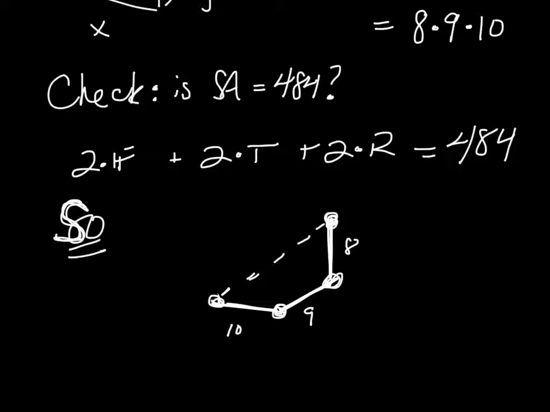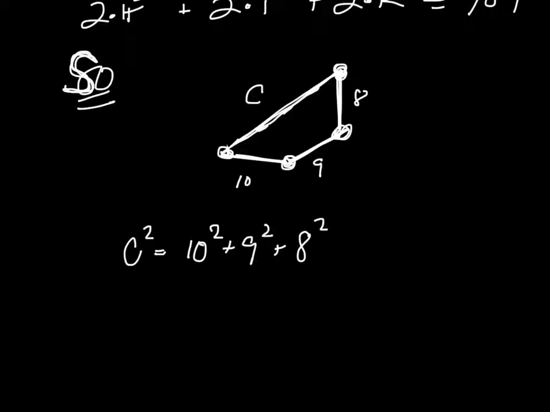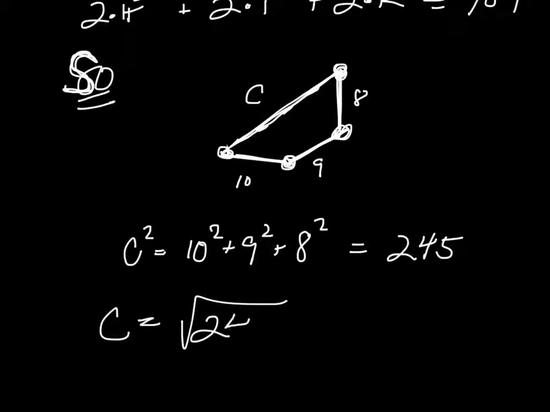And with the 3D distance formula, if I call this a 3D hypotenuse, then c squared is 10 squared plus 9 squared plus 8 squared. And we said that worked out to, again, you can pause the video if you want, 245. c is root 245, which is 7 root 5. Again, you can work that out.